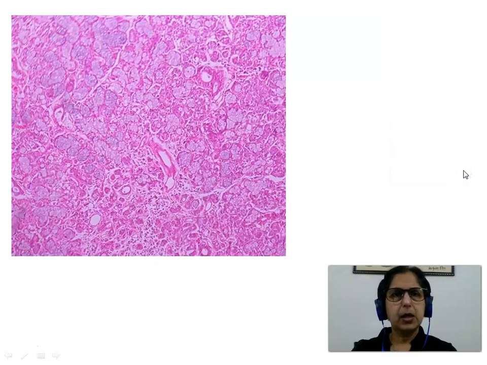A low power view of a slide of mucous salivary gland. What we see here are predominantly mucous acini having a clear cytoplasm, well-defined lumen, few blood vessels and ducts seen in the connective tissue, and very few serous acini seen.